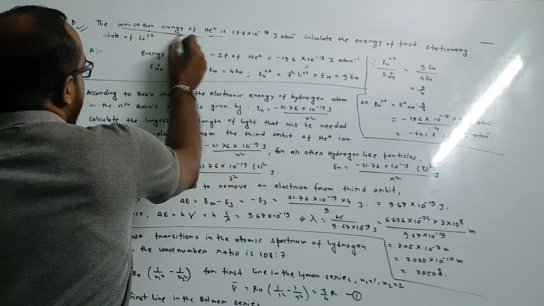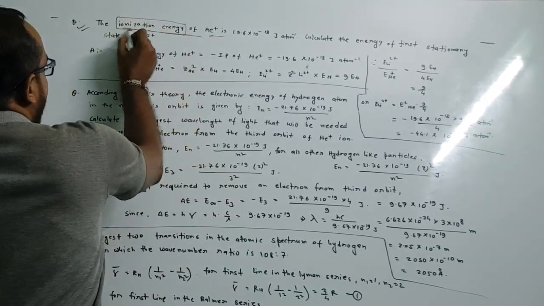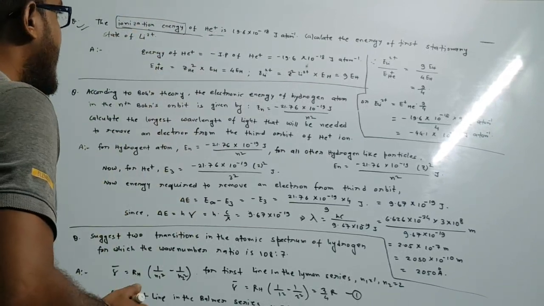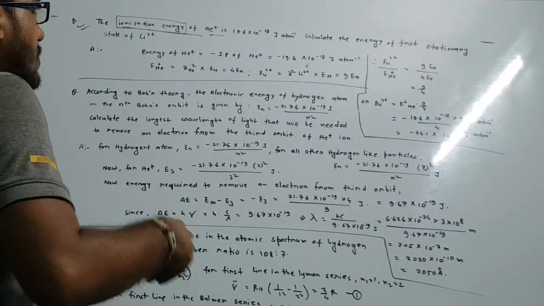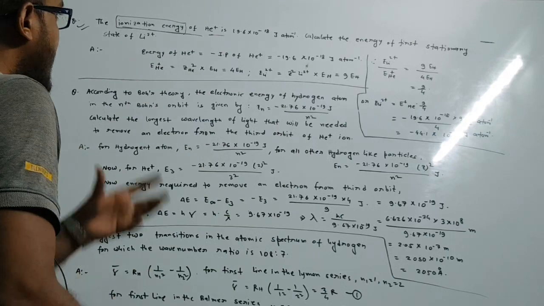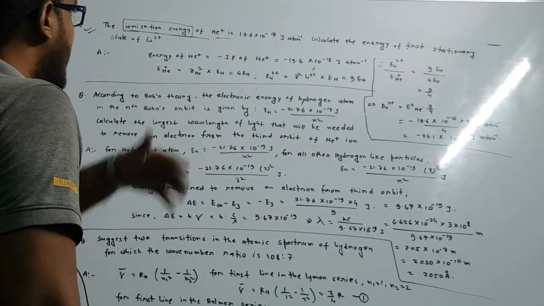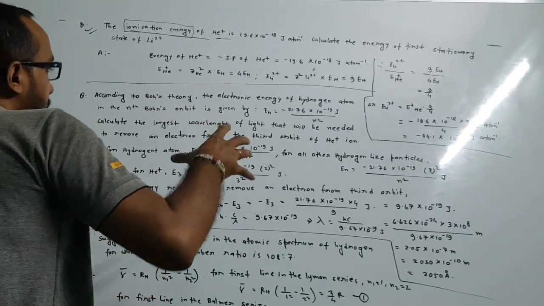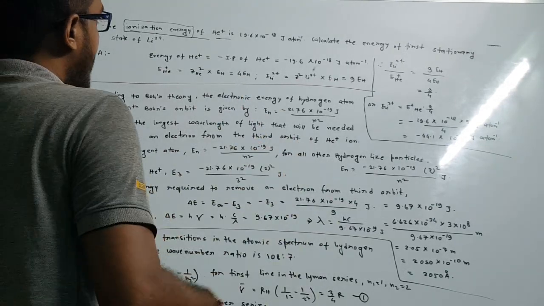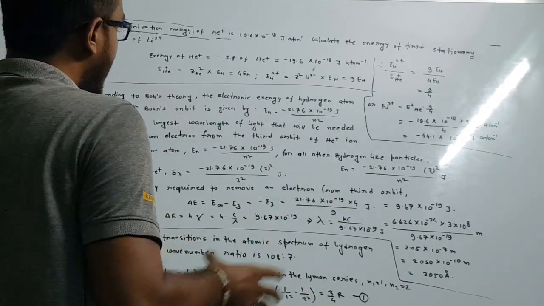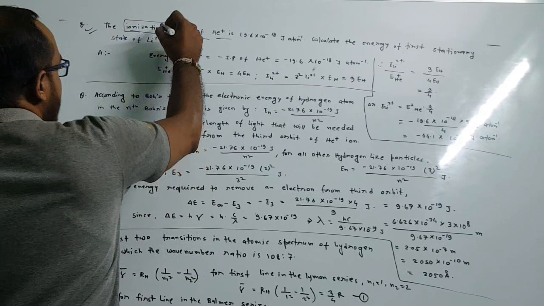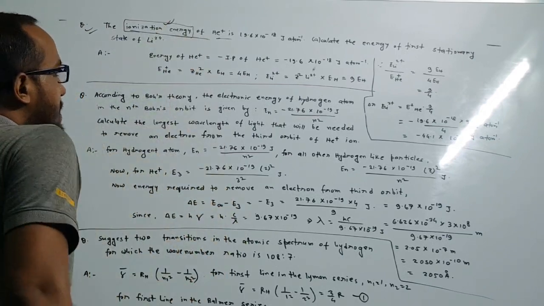The ionization energy. What is ionization energy? Ionization energy means the energy required for an electron to go away from a particular orbit, or to remove an electron from a particular orbit. The energy required to remove an electron from a particular orbit is known as its ionization energy.